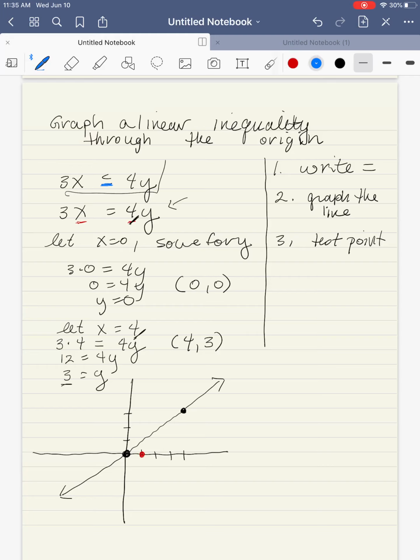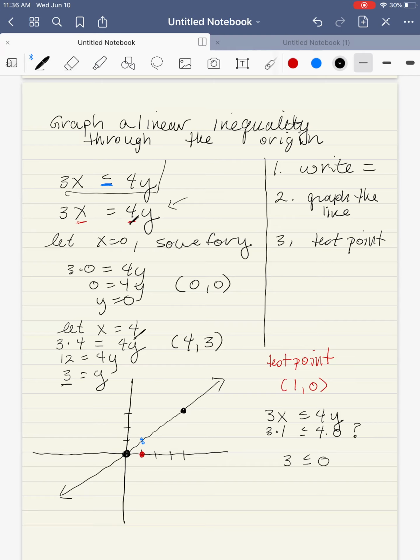I don't want to use a point like 1, 1 because depending upon how good of a grapher I am, that point could be on either side. So I want something that's far away from the line. And I'm going to use the test point 1, 0. So that means I plug it back into the original inequality, and I'm seeing if that's a true statement.